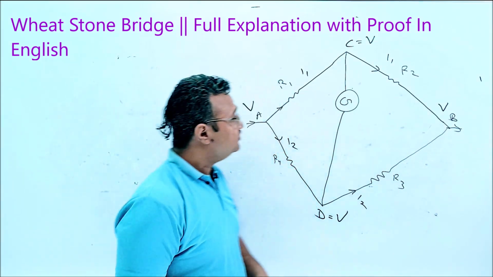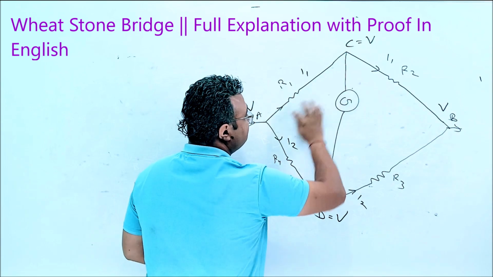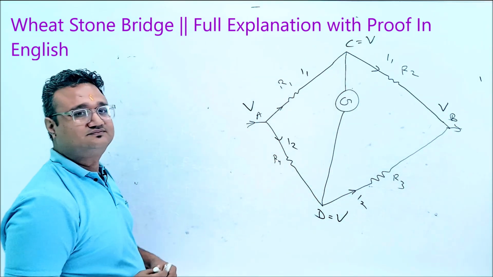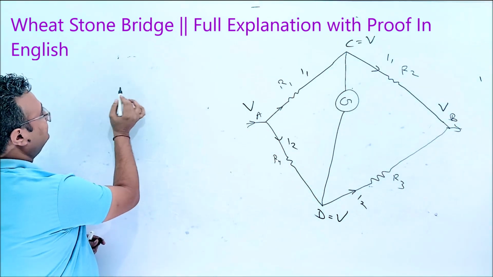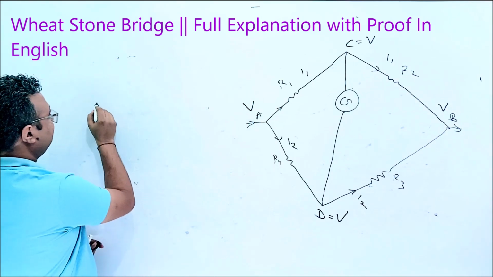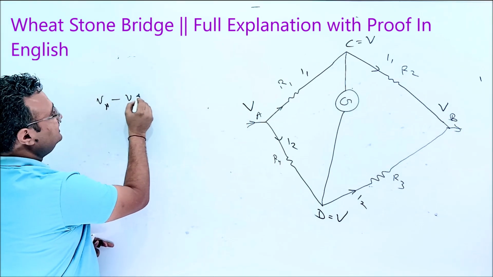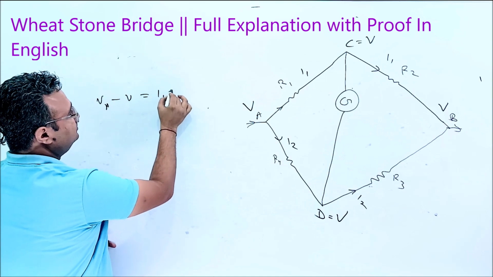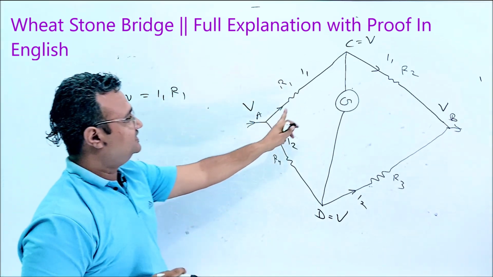Now writing Ohm's law for this branch, we have potential difference VA minus V equal to I1 into R1 for this branch.